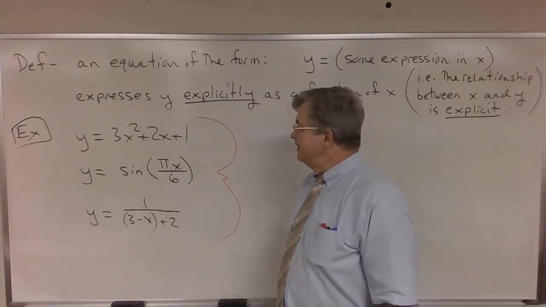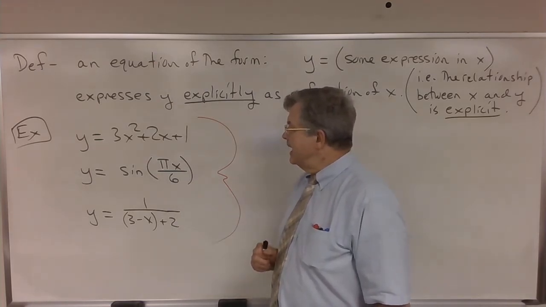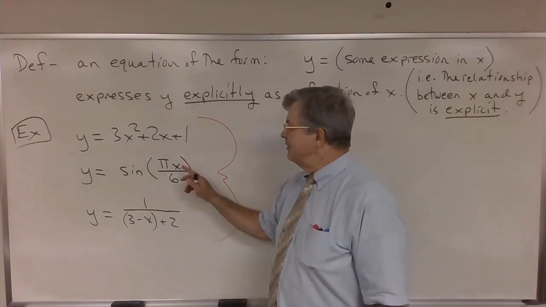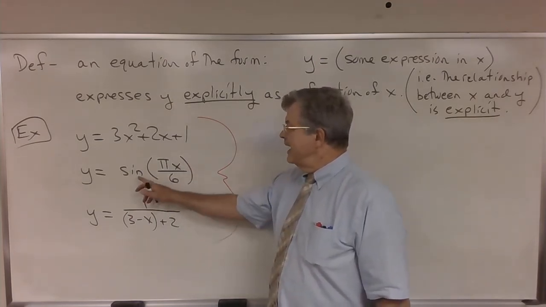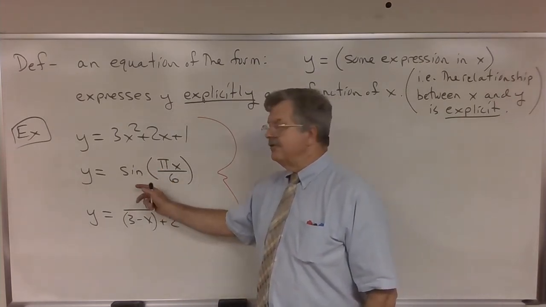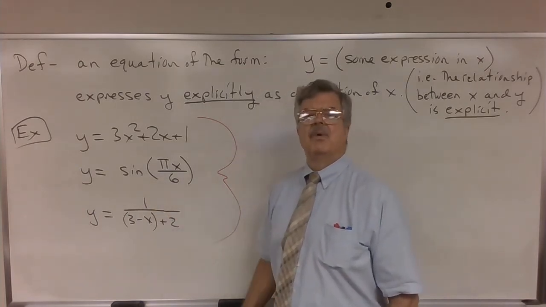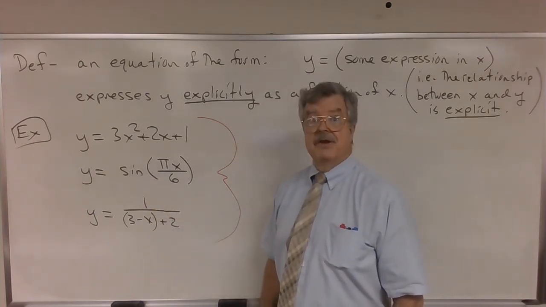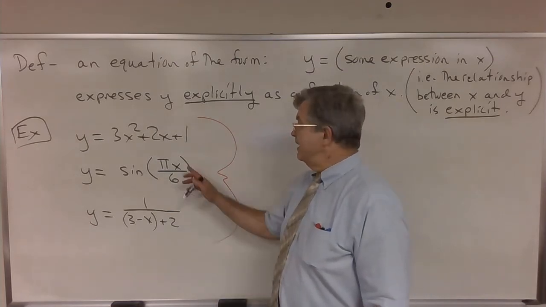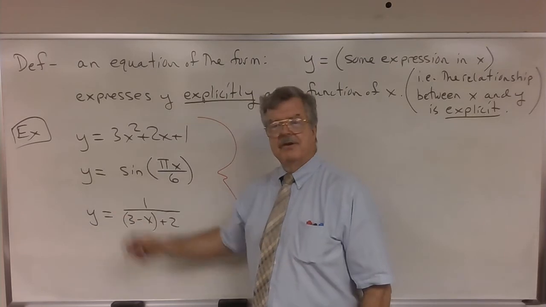When x is 3, no, I don't want 3, do I? Now let's try 2. When x is 2, we have sine of pi over 3, which is square root of 3 over 2.